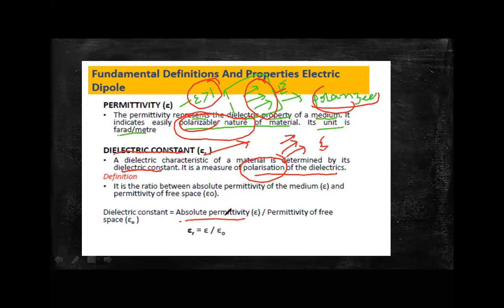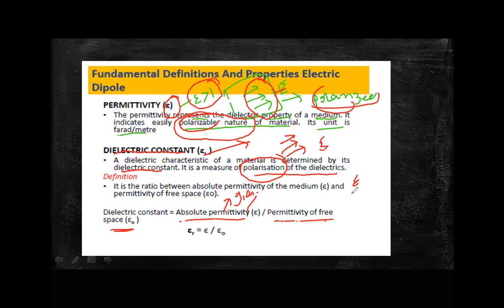It doesn't have any unit. Absolute permittivity to the permittivity of the free space. Suppose this is a glass or water, to the free space.